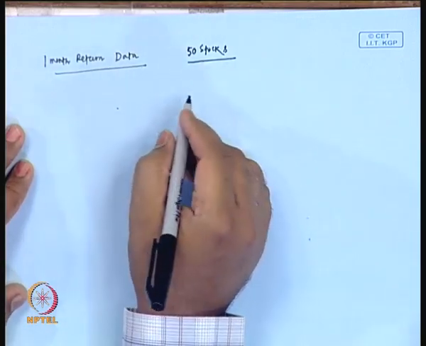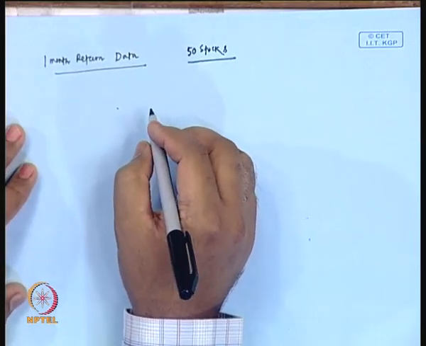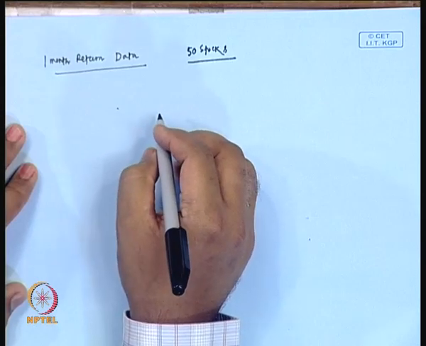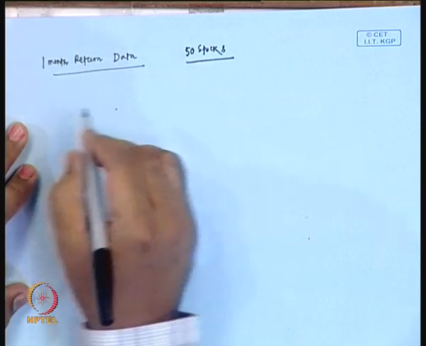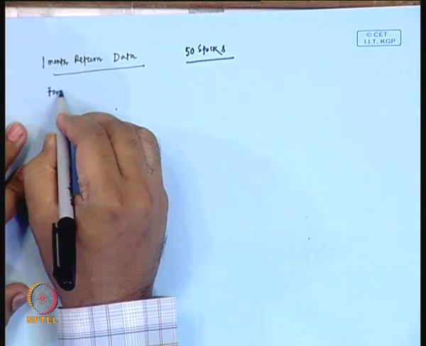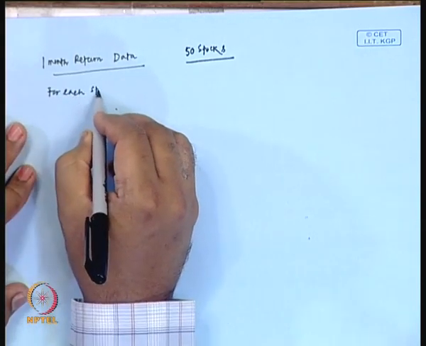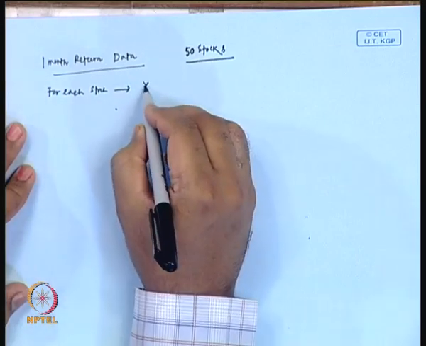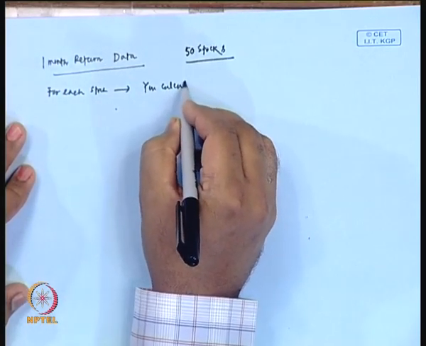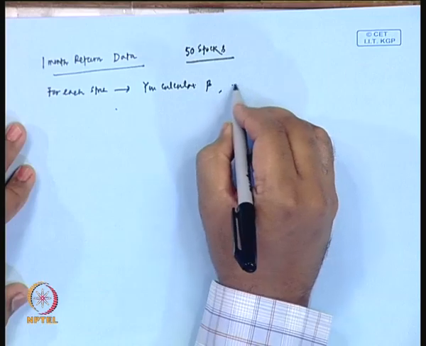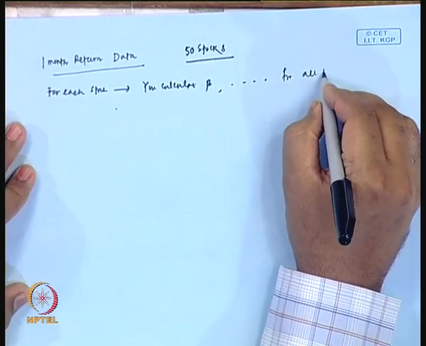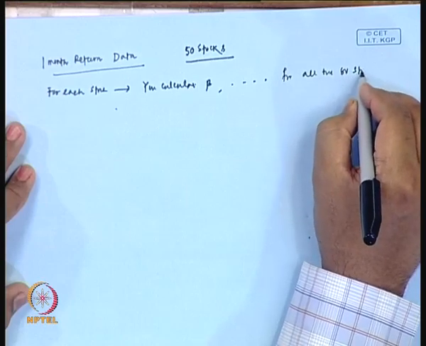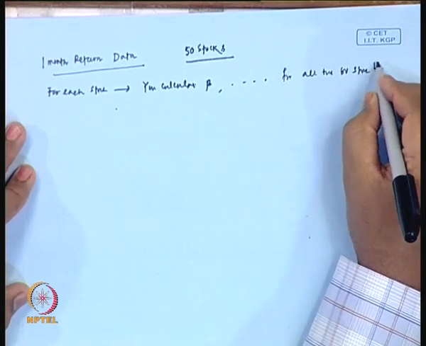So, what basically Roll and Roche was trying to say? They said that for each stock you calculate beta and other variables for all the 50 stocks in 1 month.